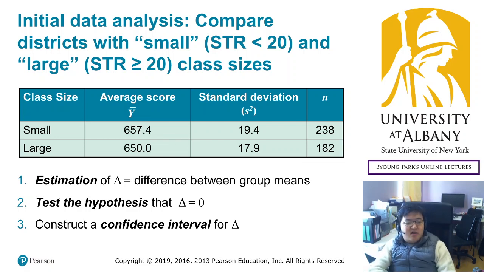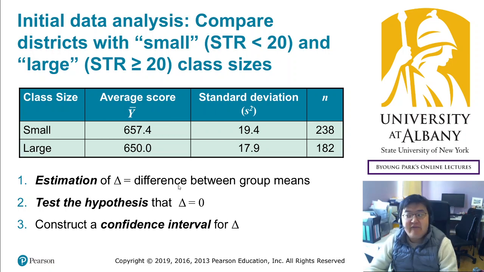From these numbers, you can do all the methods. You can estimate the difference between these two groups in their averages, and test the hypothesis that these two groups have no difference, so delta is 0, which means there is no difference.